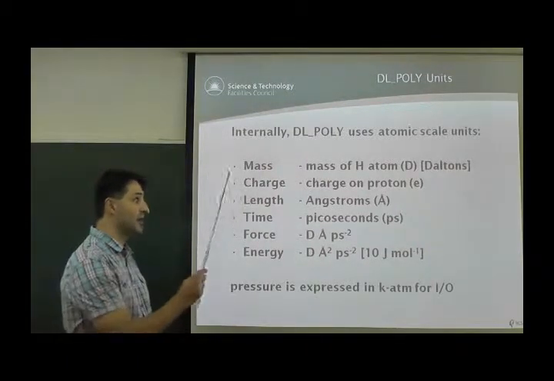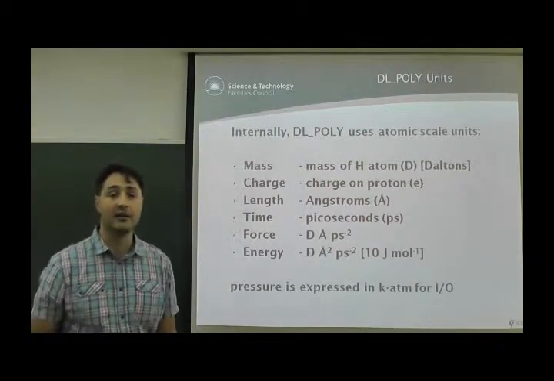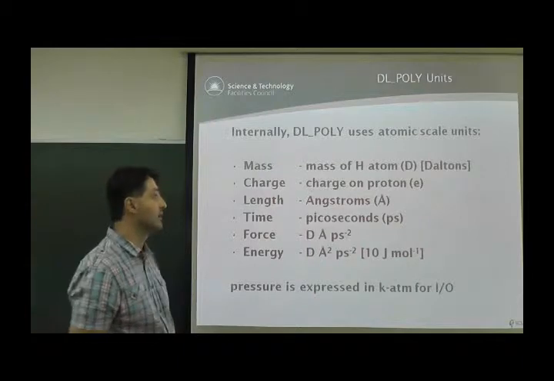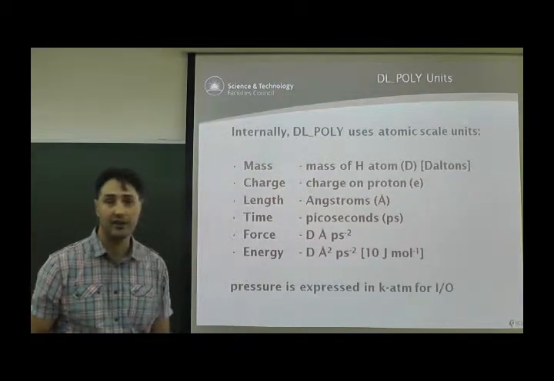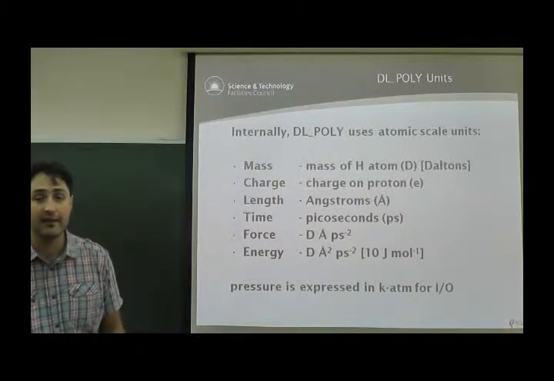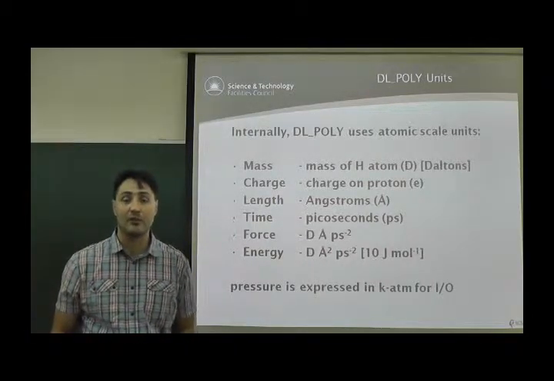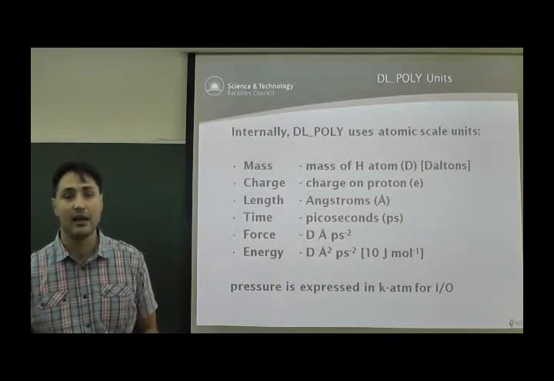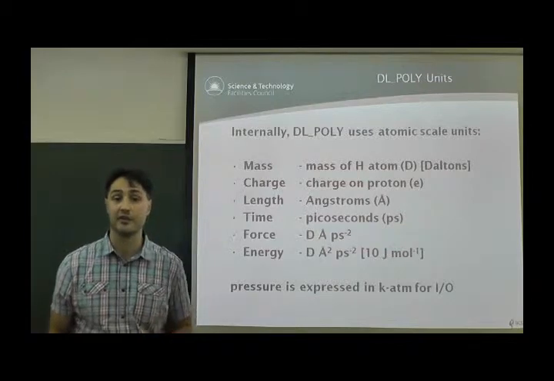So all the masses that we specify on particles are in Daltons, which is the mass of a hydrogen atom. All the charges are in protons, and the lengths that we specify are in angstroms. The time is always in picoseconds, and derived quantities such as force and energy are derivatives of those.